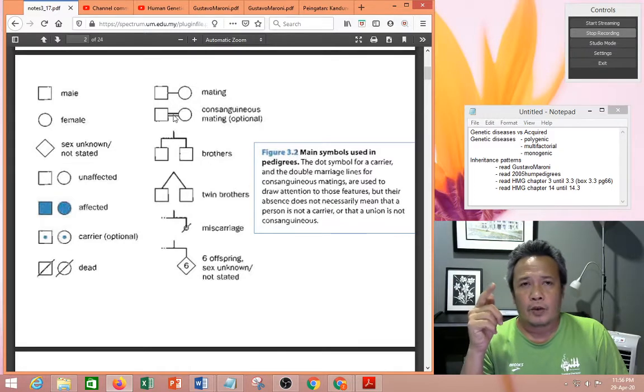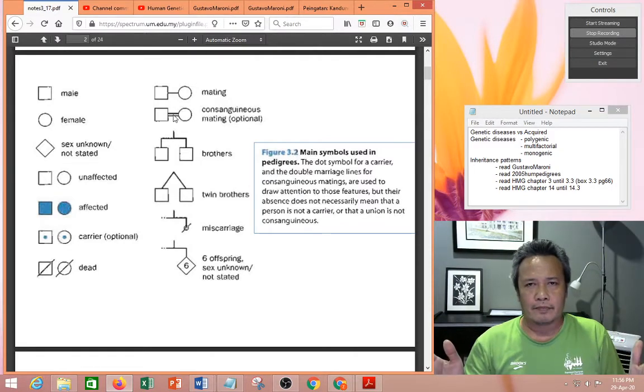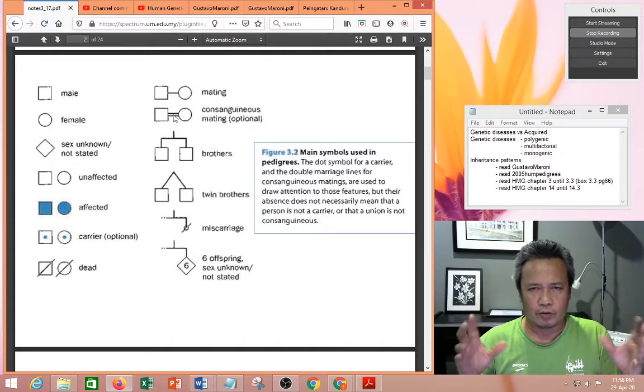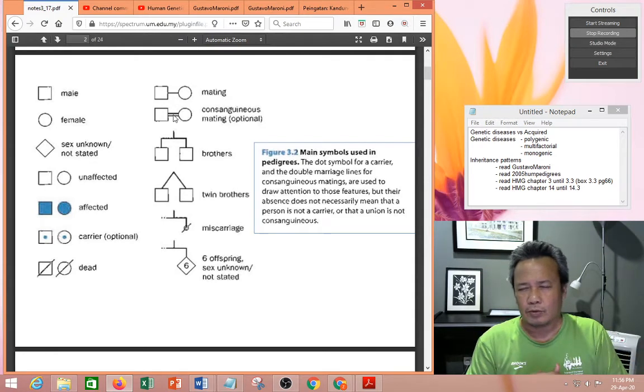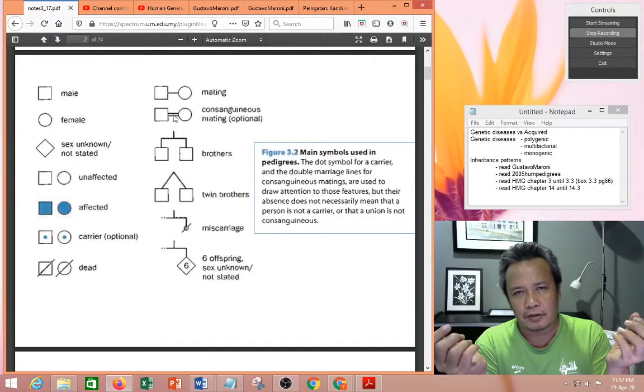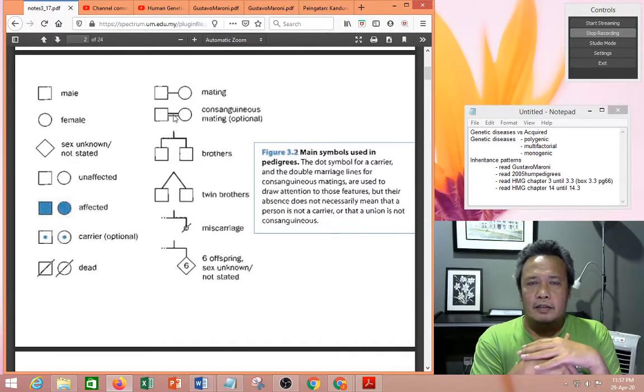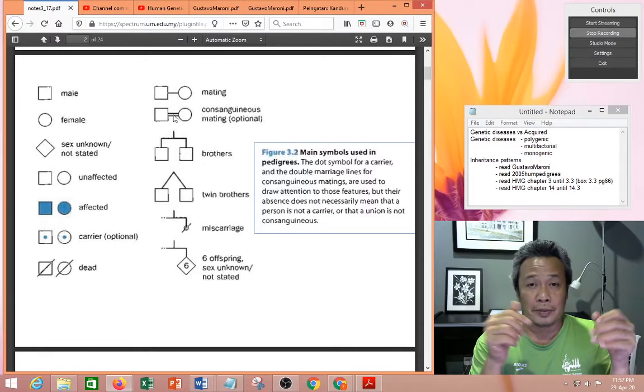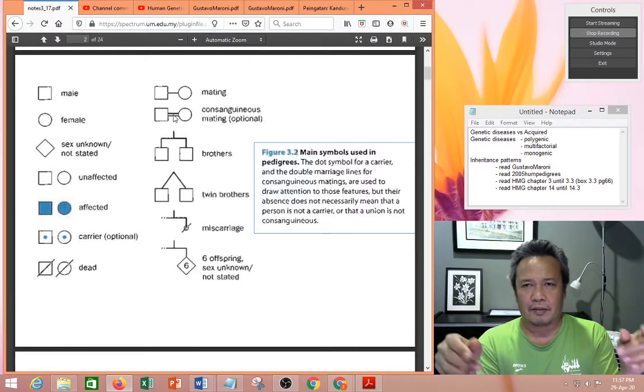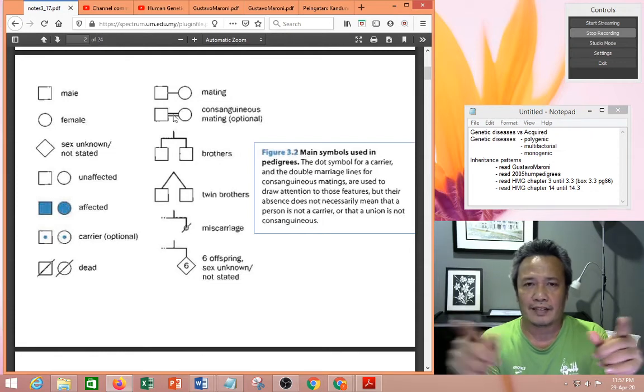When you see a pedigree, one of the things that you look for is the number of individuals. If there are a lot of affected individuals, the first thing that comes to mind is that it must be dominant. But it could be recessive if marriages between relatives are common. So that's why this is important.